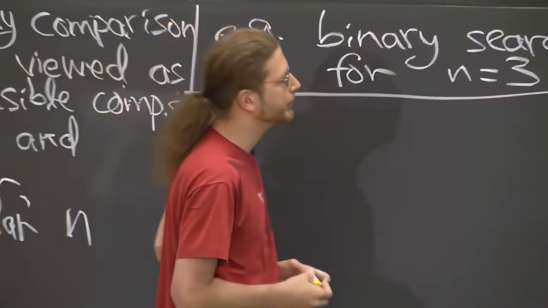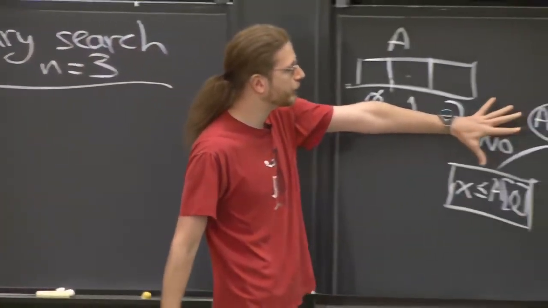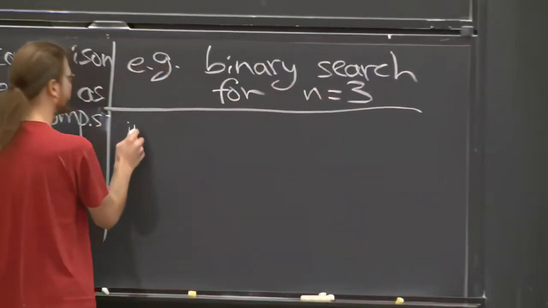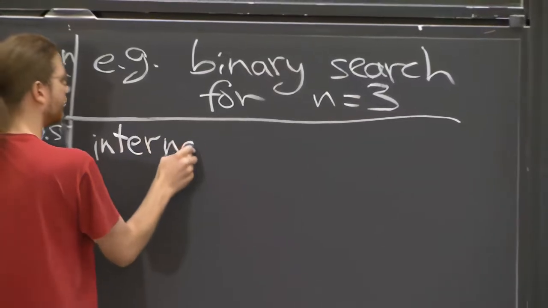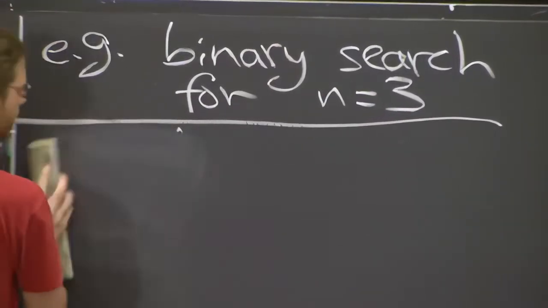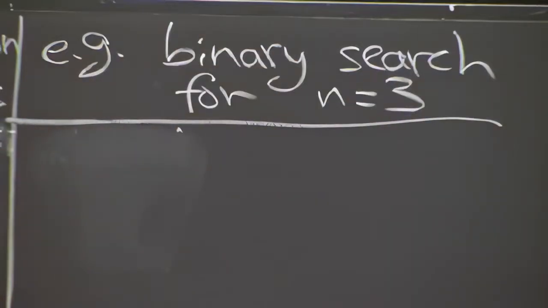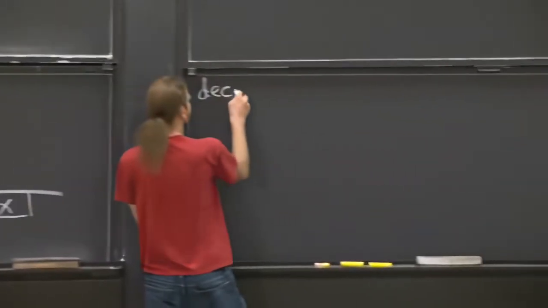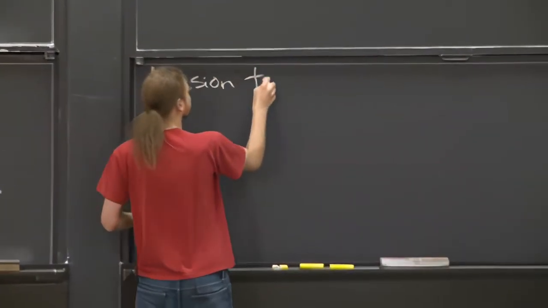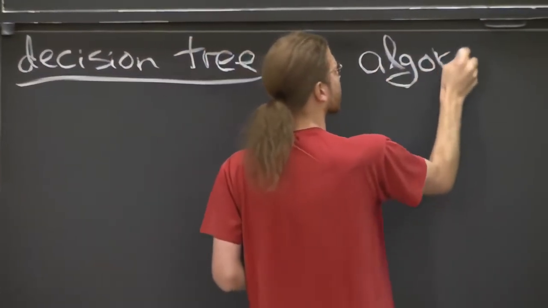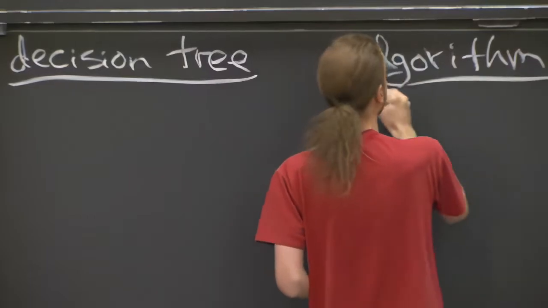Okay, so let me talk about some features of this tree versus the algorithm. So we have a decision tree, and we have an algorithm that the decision tree represents.